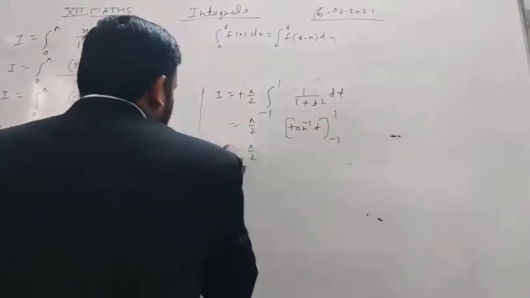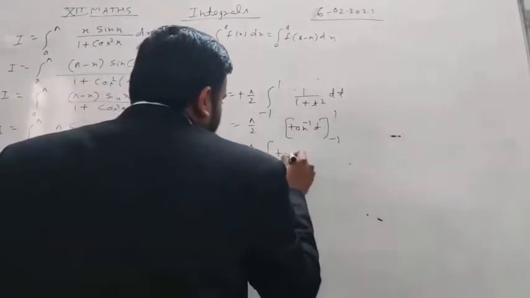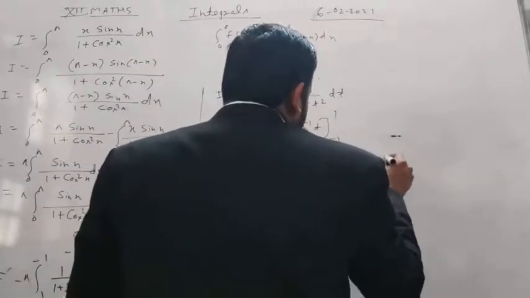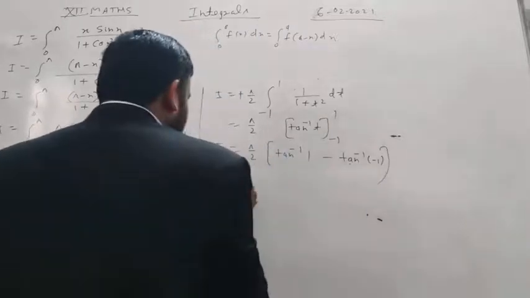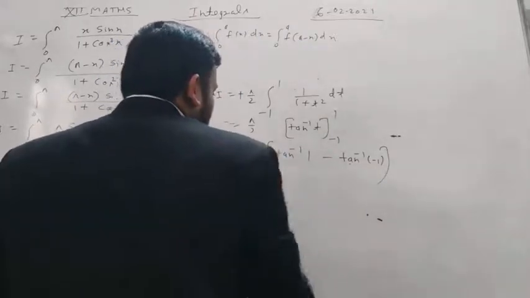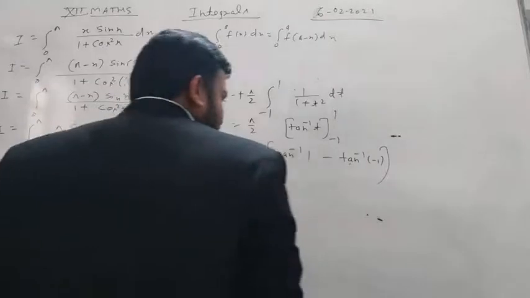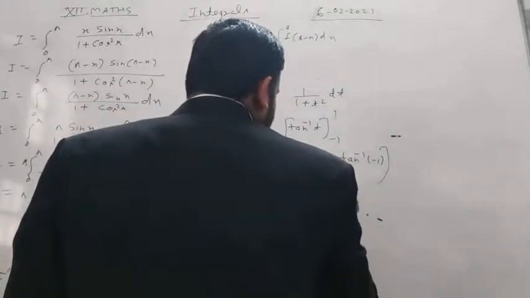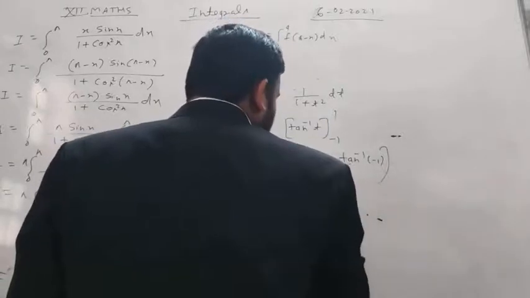So pi, and this is tan inverse 1 minus tan inverse minus 1, which is pi by 4 plus pi by 4 friends.